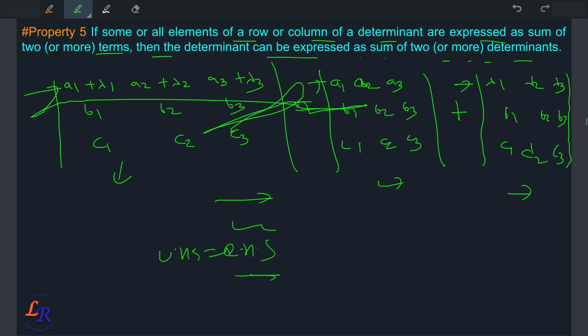You can have a look, but remember the property of how you can expand, and the difference with respect to matrices. In the case of matrices, addition of two matrices means that corresponding elements get added, but in this case, if any row has some addition, then it can be written as the sum of two determinants.